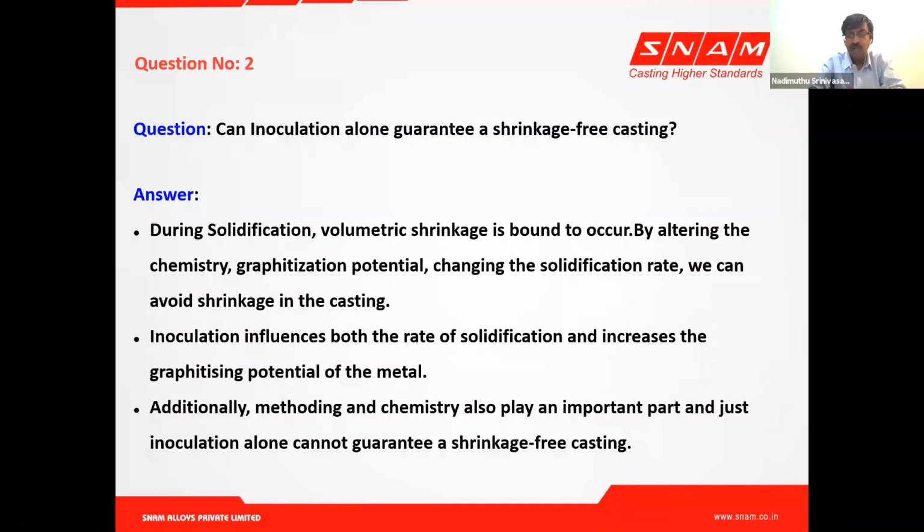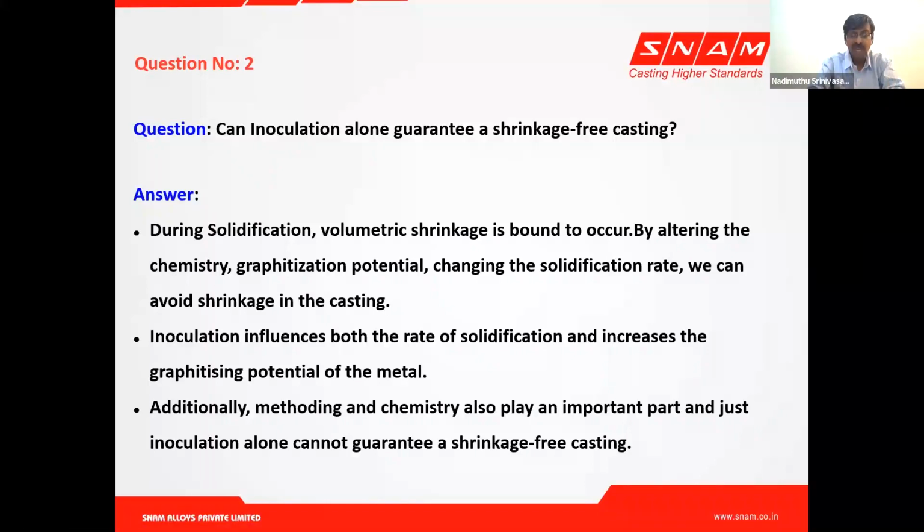What does this mean? If you had only carbon, why don't we just melt pig iron and form the casting? When there is austenitic contraction and volumetric shrinkage happening, you need the right presence of carbon for the free graphite to expand and fill within this volumetric zone and provide you a sound casting.